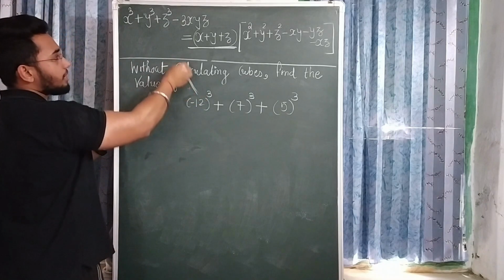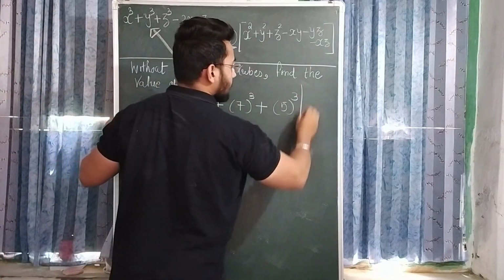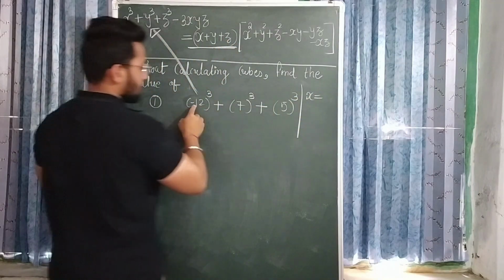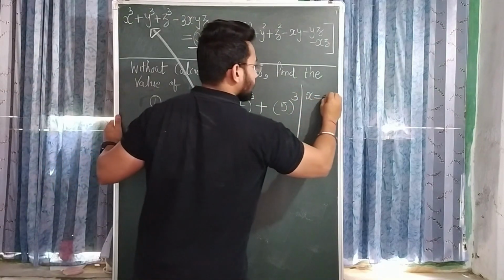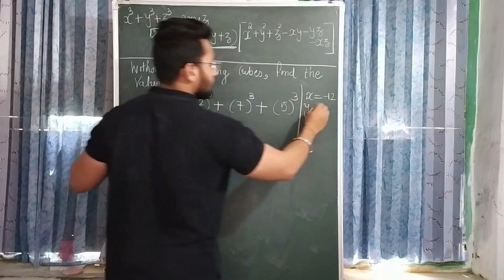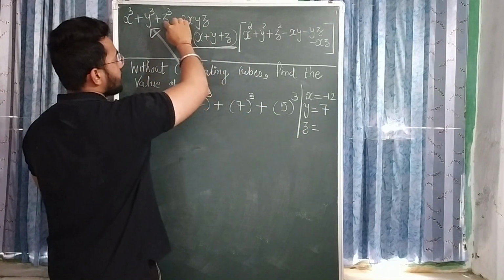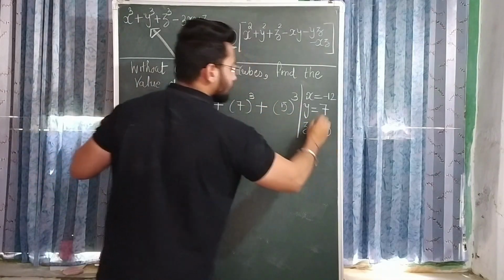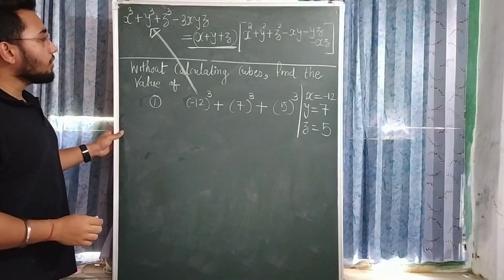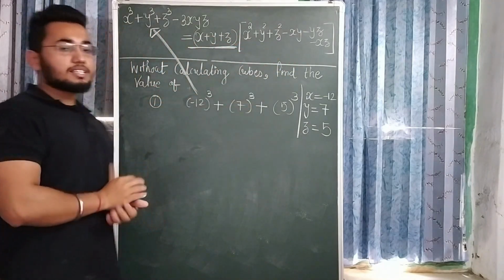Whenever I compare my question with this identity, I am able to see here the value of x is minus 12, value of y is 7, and value of z is 5. So now simple, this is our expanded form.